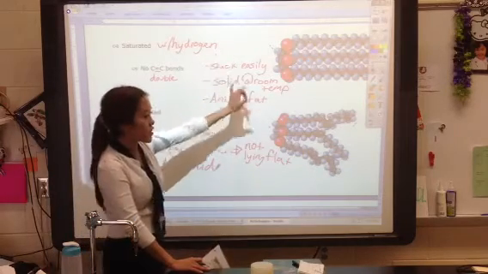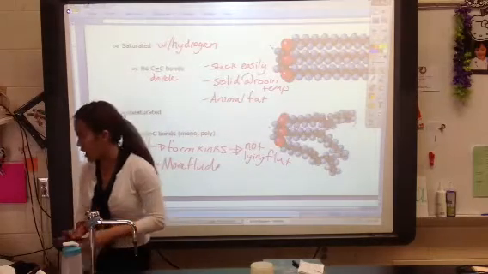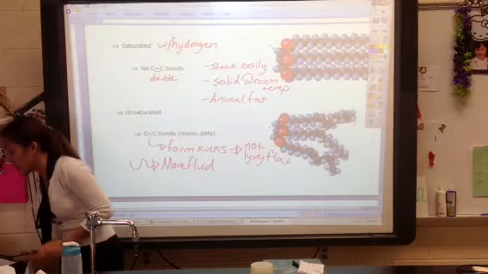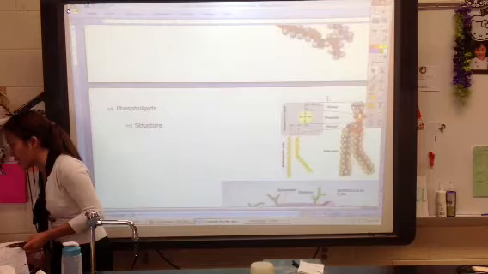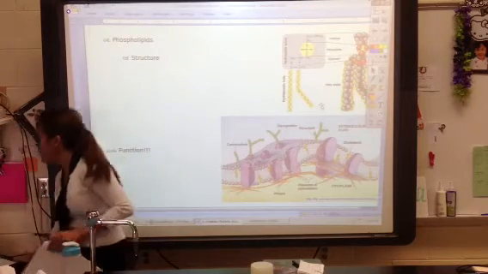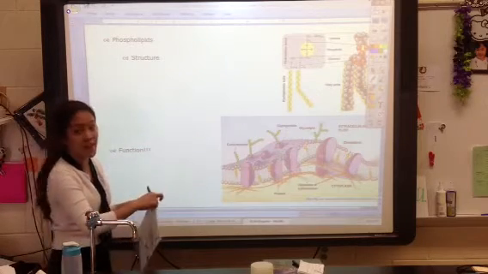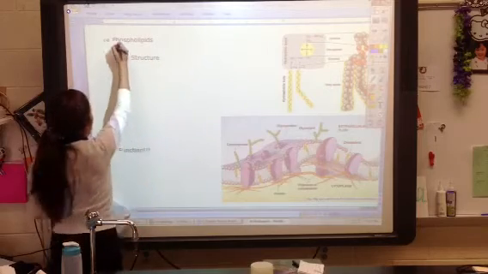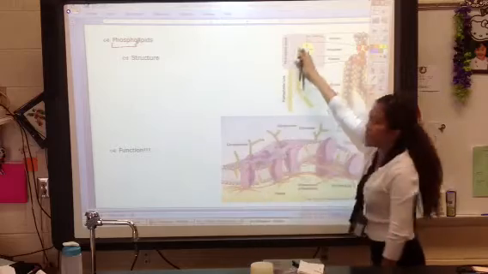So we have our saturated and unsaturated fats, and those are two ways in which we can name or describe our lipids. We're going to focus in on the cell membrane and the phospholipids themselves, part of that bilayer. So for our phospholipid bilayer, or our phospholipids, you want to pay attention to the two parts of the name. Phospho, we're going to be referring to that phosphate group.